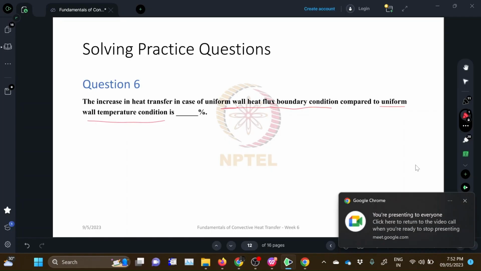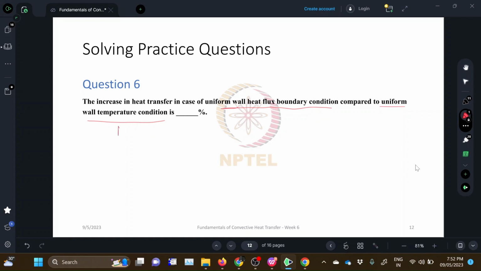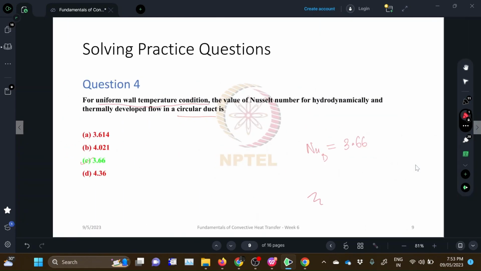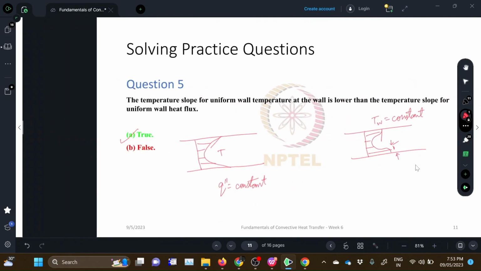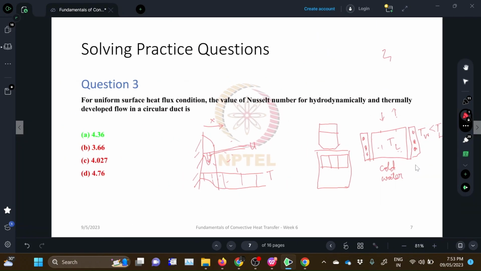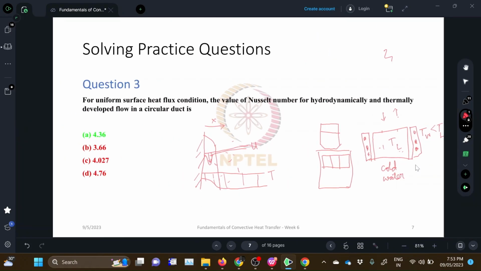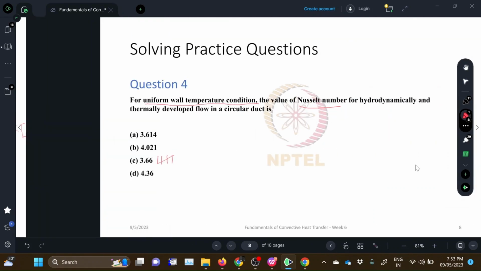So this uniform wall temperature case, we will call this 1 because we are comparing it with this, and the increased one due to uniform heat flux condition, we will call this Nusselt number 2. In the previous questions, we saw that for uniform wall temperature condition, it was 3.66, and for the other case, uniform surface heat flux, it was 4.36.